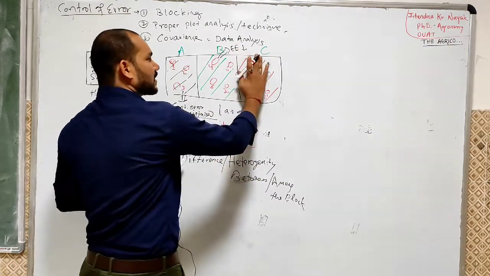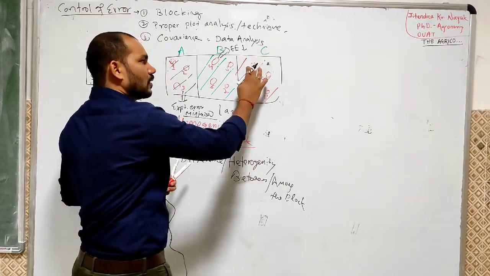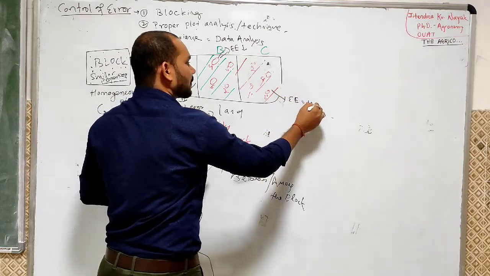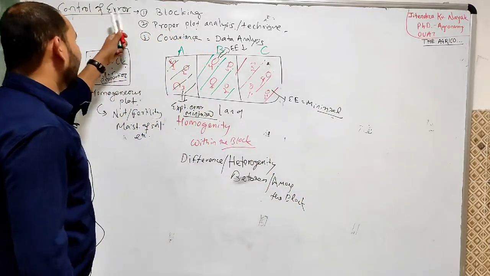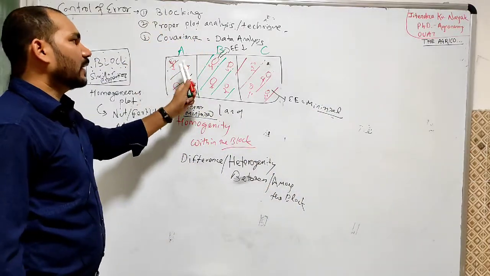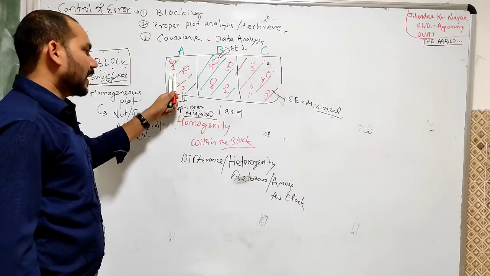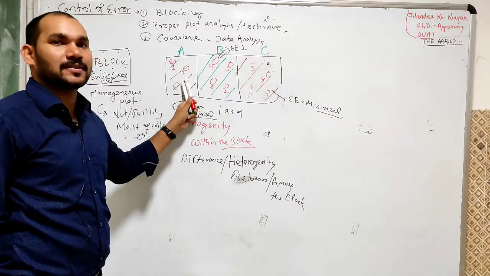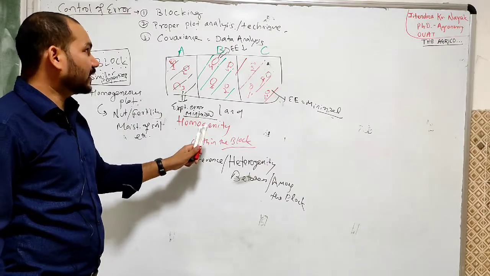Likewise, in case of C, there is no difference within this block, hence here also the experimental error is minimized. So, in order to control the error, blocking should be taken. Blocking means a piece of land having similar properties. There should be homogeneity within the block.